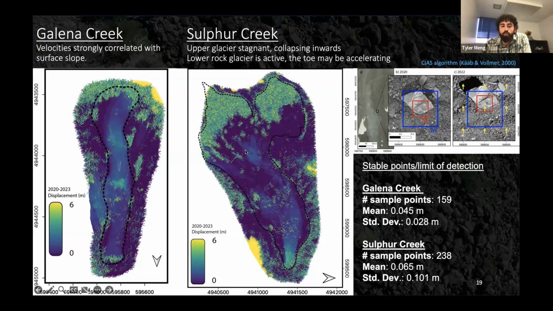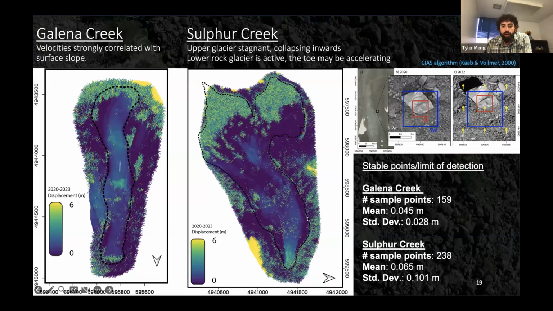So when we look at the elevation data, we'll see a similar pattern, but what we're interpreting here is that there's an enhanced amount of melt within this central section of Sulphur Creek Rock Glacier, which is actually leading to a destabilization, and the glacier is collapsing inwards, which we're detecting in this upper part of Sulphur Creek.